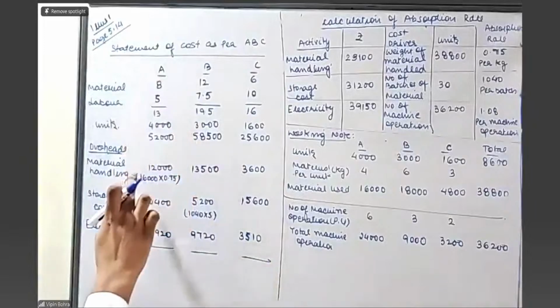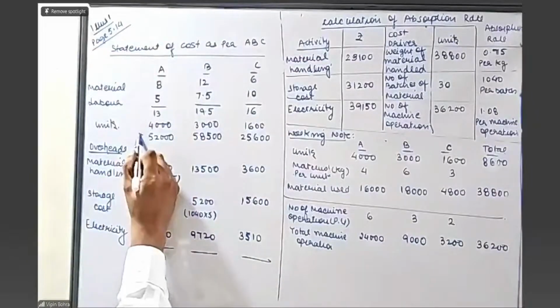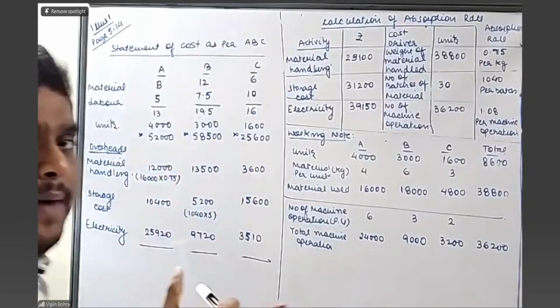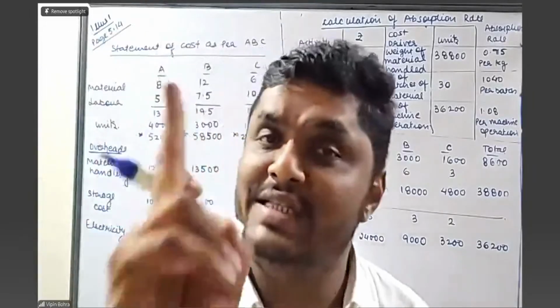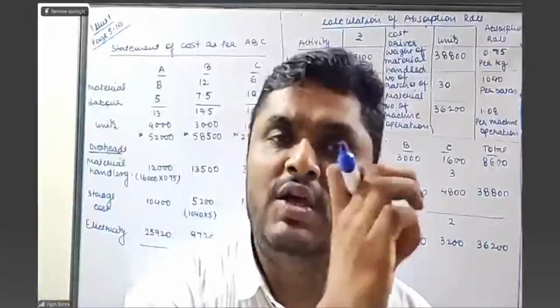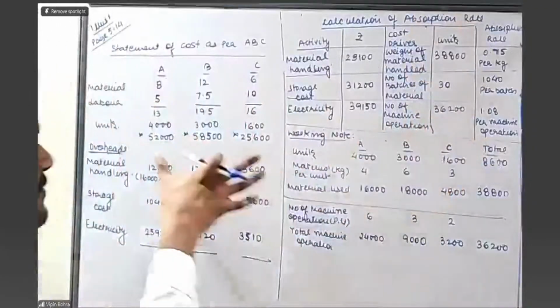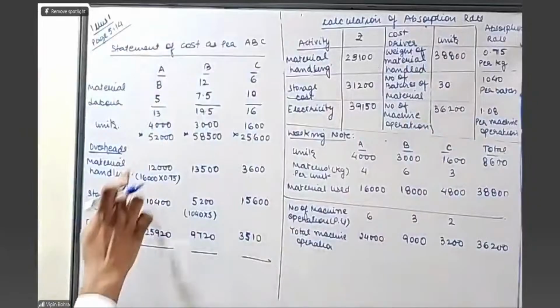So material plus labor, we have 52,000, 58,500 and 25,600. And when talking about overheads in traditional costing, since there was only one basis of absorption, the overheads were calculated as a whole. Herein there are three bases of absorption, so my overheads will be divided in three parts.